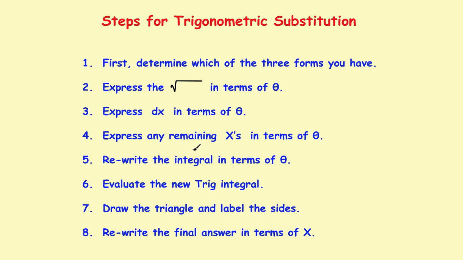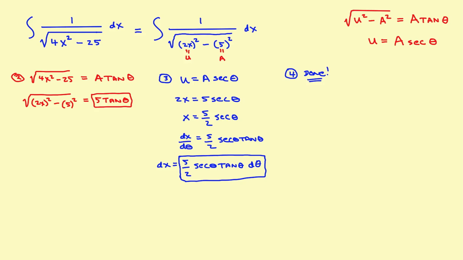Step number 5 says, okay, now that you've got all the x's in terms of theta, go ahead and rewrite the integral in terms of theta. So let's do that. This will be step number 5 down here. Just take each one of these parts and change it into its theta equivalent. So this will become the integral, and then here's the bar going across, and you've got a 1 in the top.